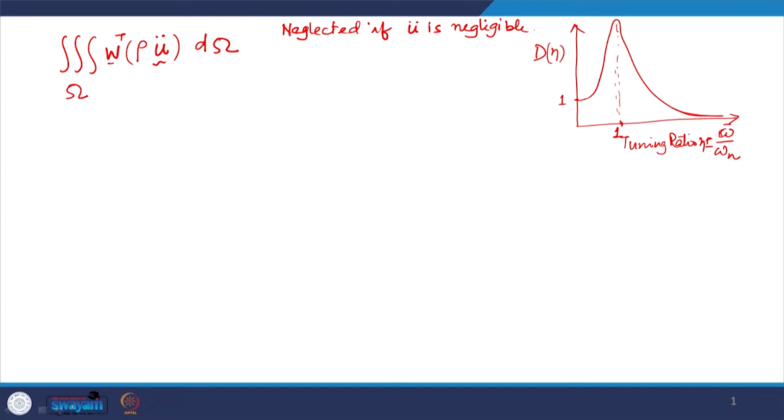So, it is an exponential decay. So, at the tuning ratio of 1, it is very high amplification. That is what we call the condition of resonance.